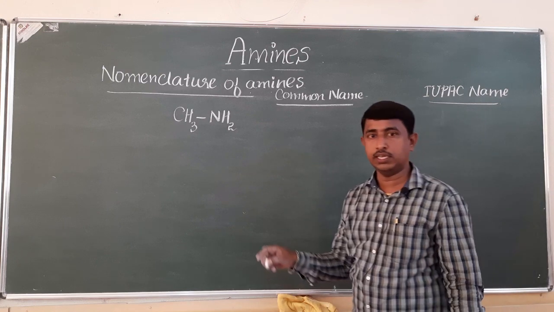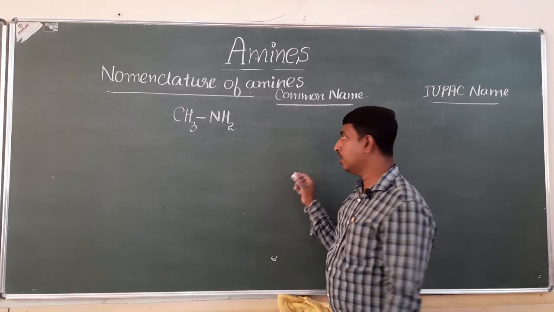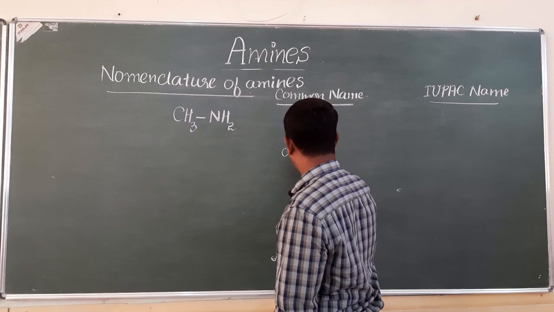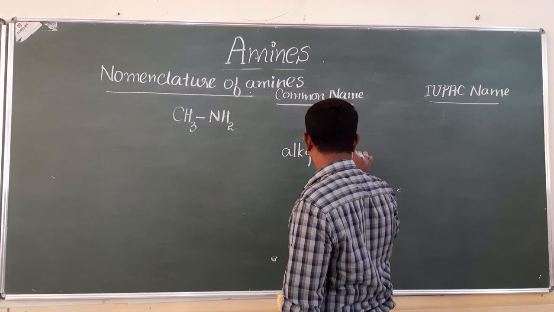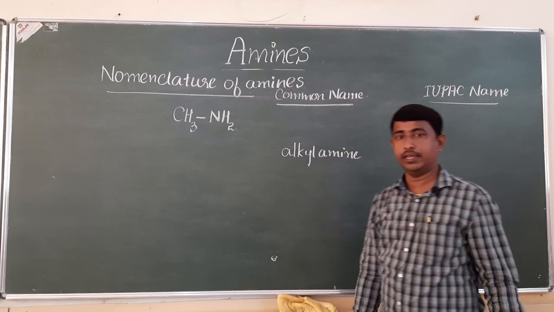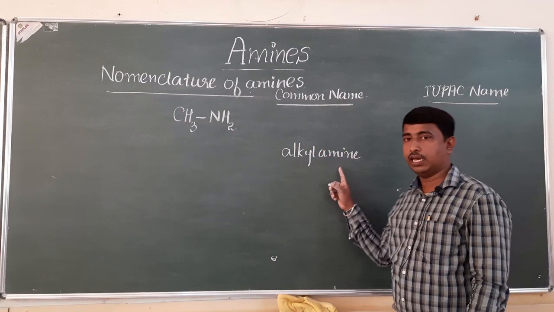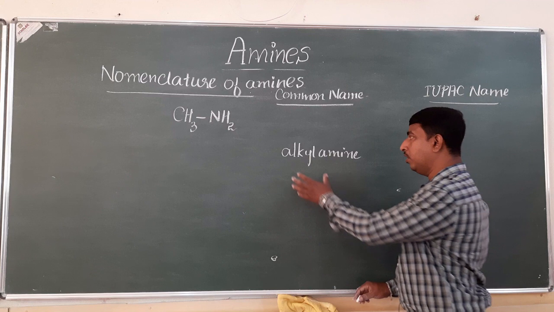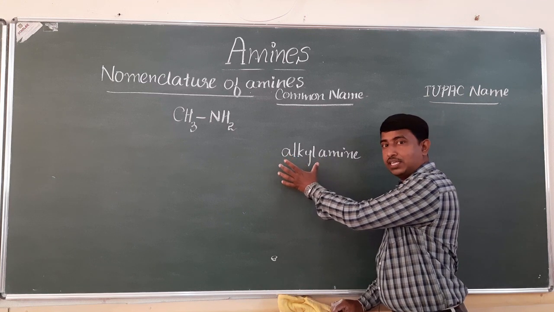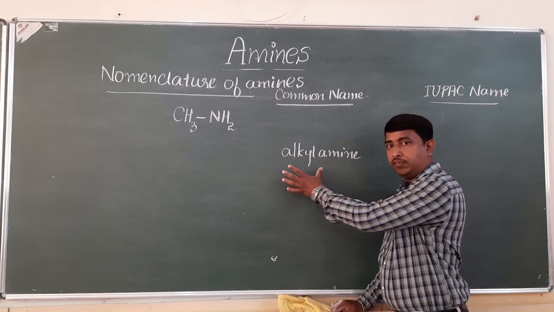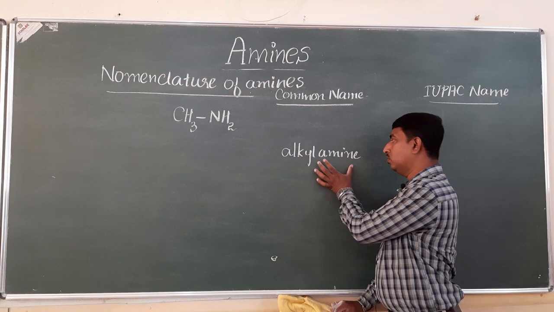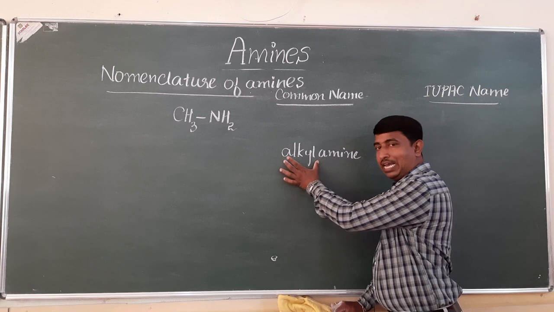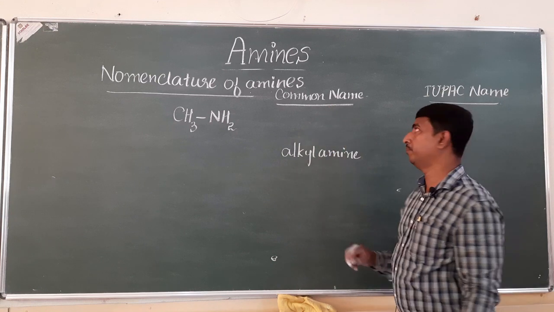In the common system, amines are named as alkyl amines. This is the general name. We have to add the prefix alkyl to the word amine, and then it becomes the common name.